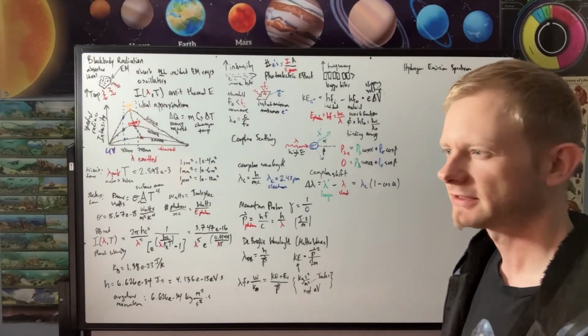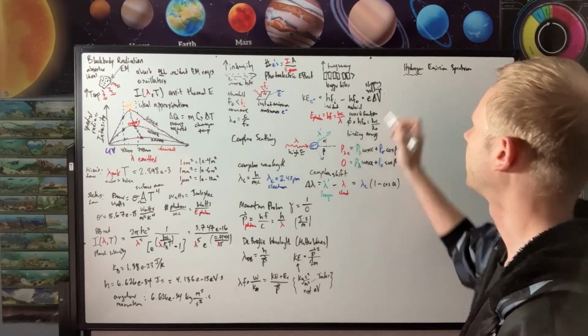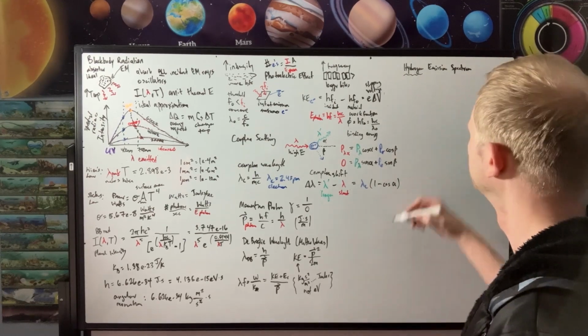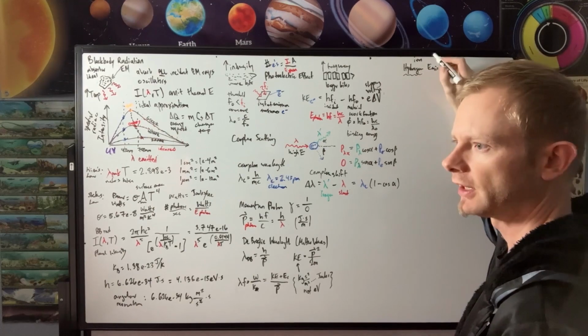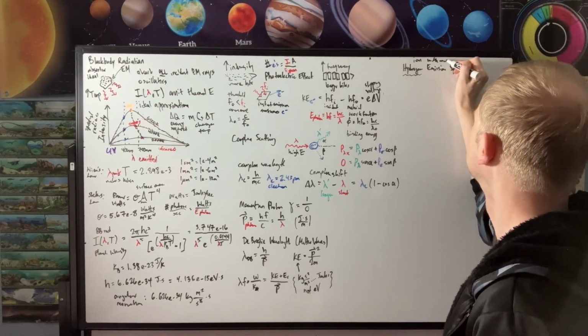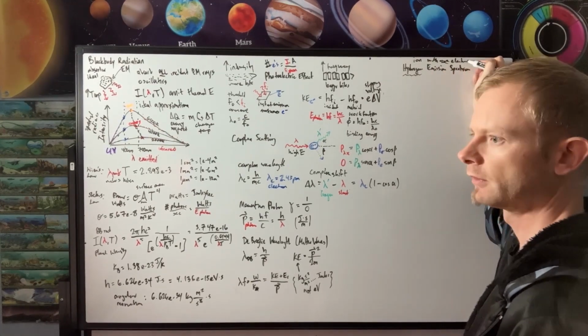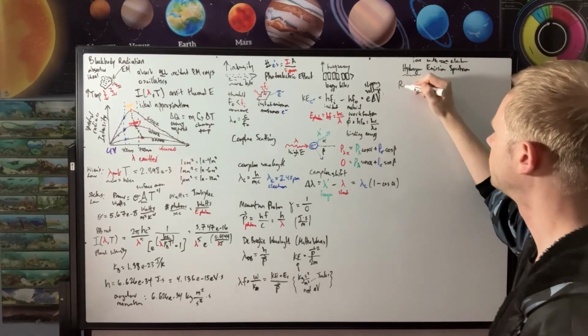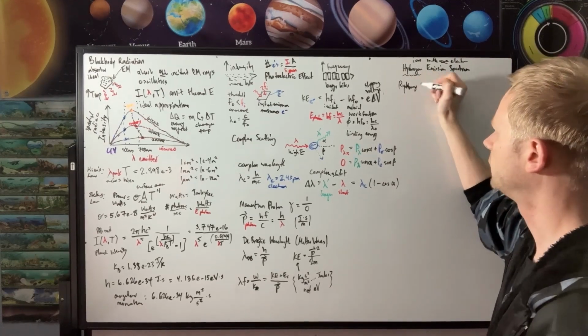Let's see if we can tie some of this stuff together by looking at the hydrogen emission spectrum. Well, this will also work for ions with 1 electron. But let's see if we can remember the Rydberg equation.